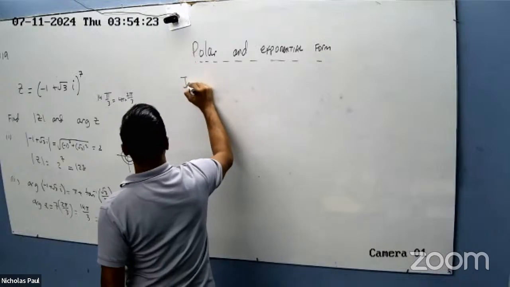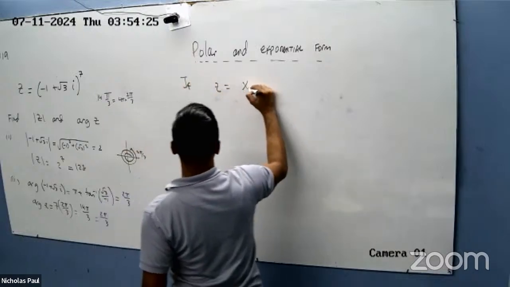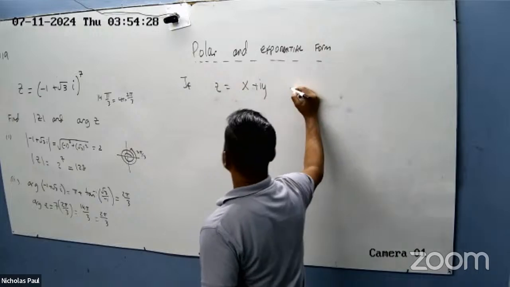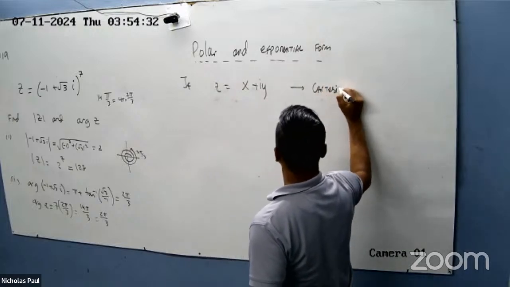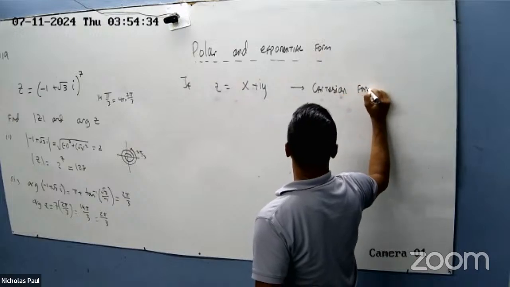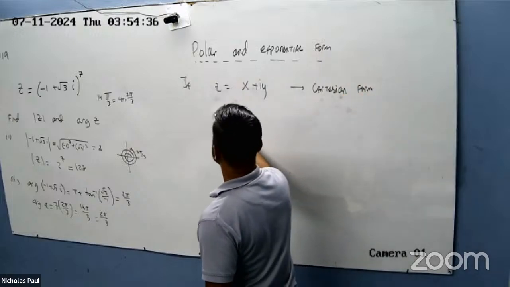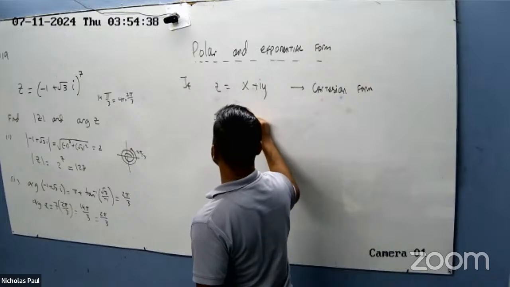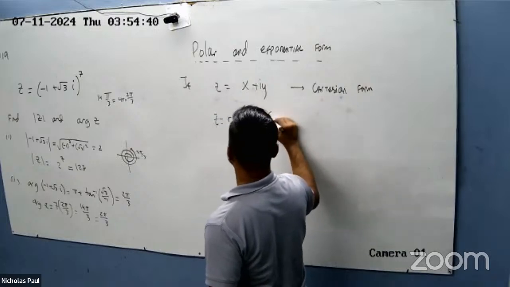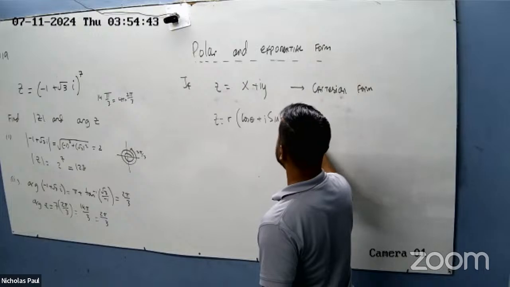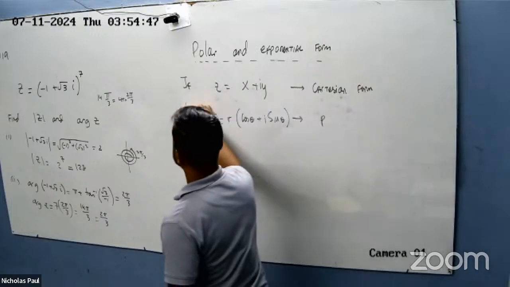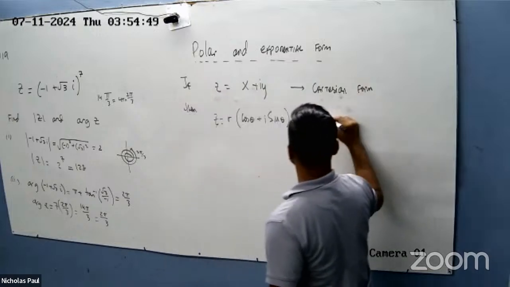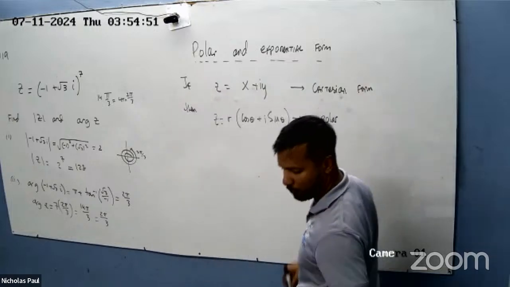So if we have z = x + iy, this here is our Cartesian form. Z is equal to r times (cosine theta plus i sine theta). This is what we call our polar form.